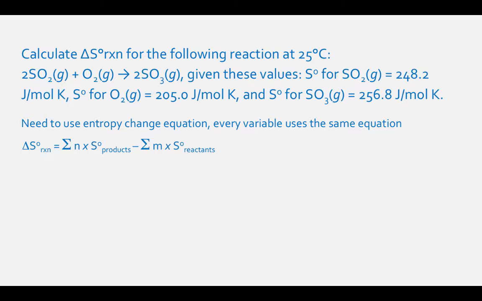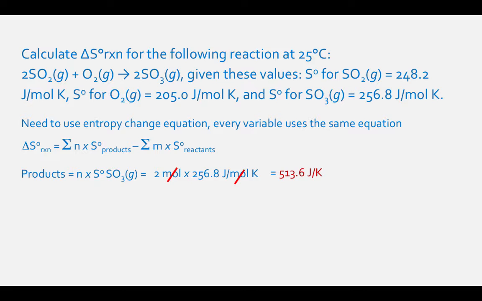For this reaction, we have two reactants, but only one product. So the first part of this equation will just be the coefficient of SO3 times the S naught value for SO3 gas. This equals 2 moles times 256.8 joules per mole Kelvin, which equals 513.6 joules per Kelvin.